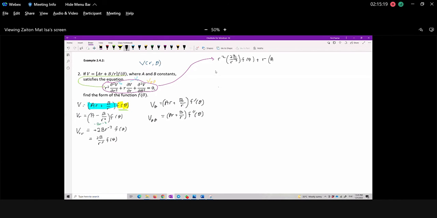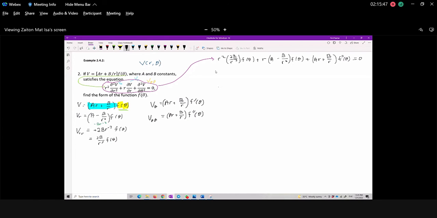VR is A minus B over R square F theta, plus V theta theta, which is the A plus B over R F double prime. And this one equals to 0.